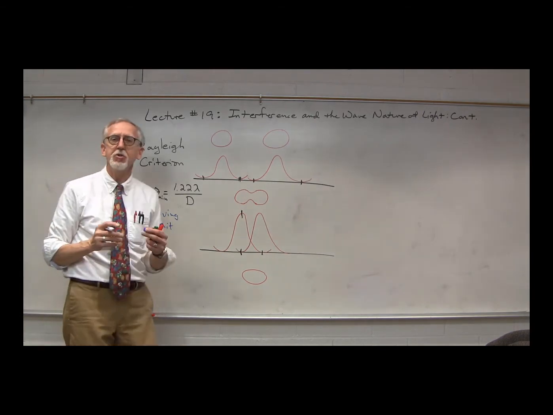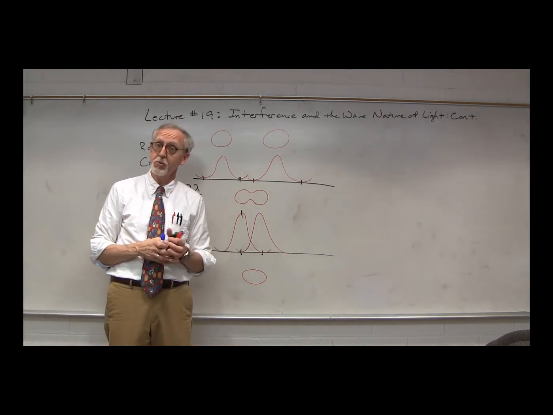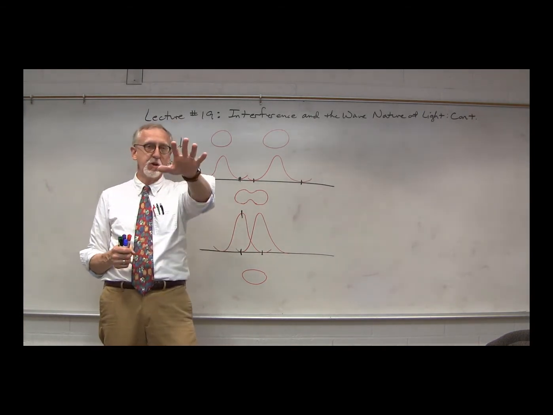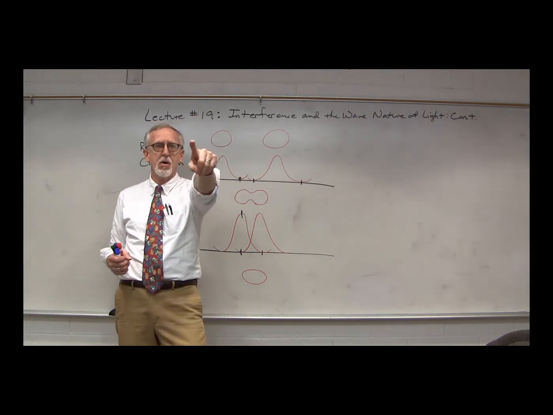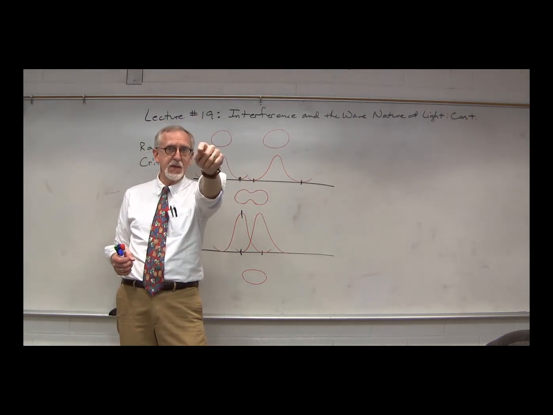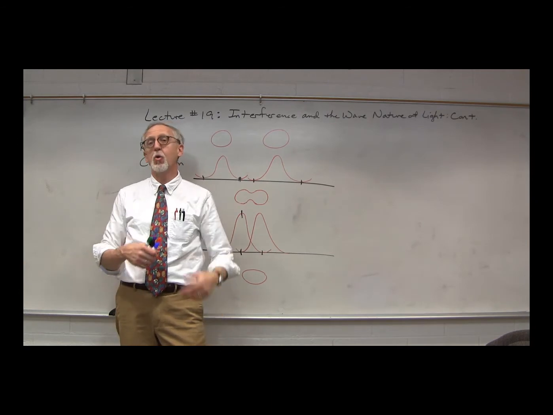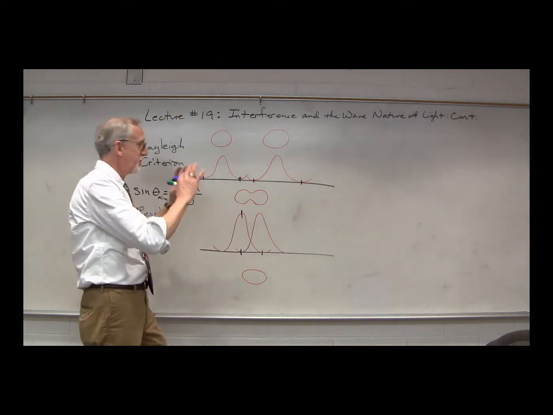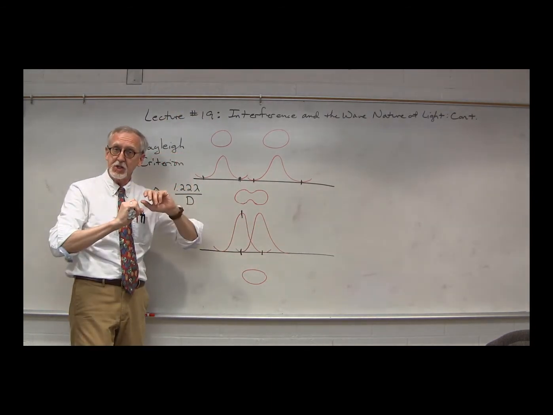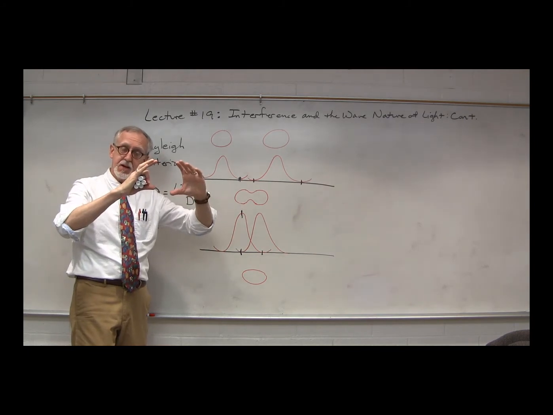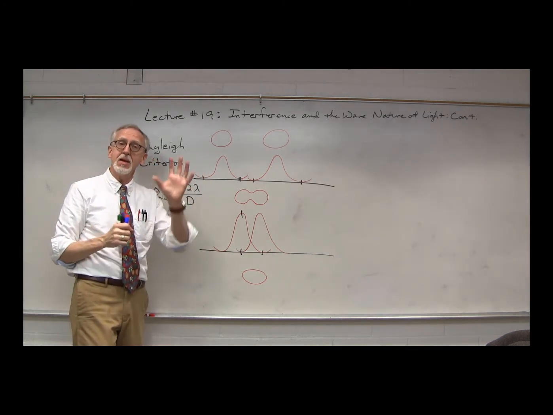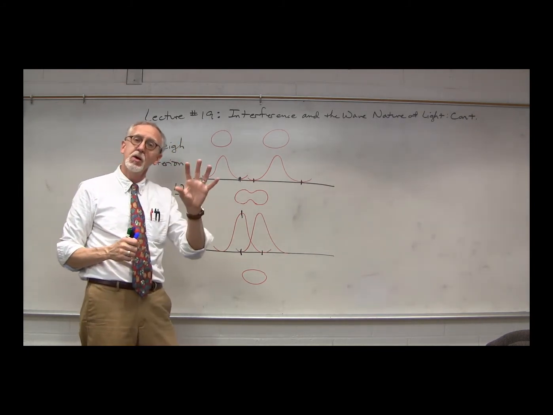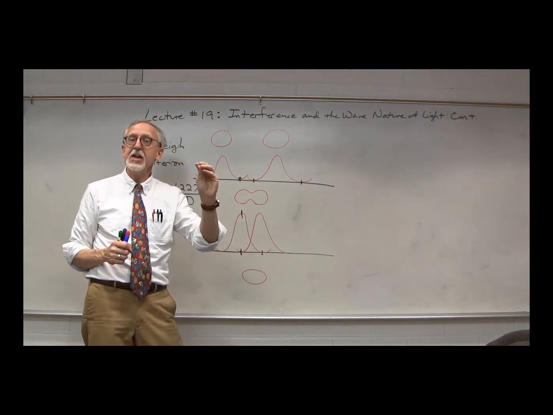How close can two things be and still be able to resolve them? With the naked eye, if you're looking at something, how accurately can you see something and distinguish it as two objects? Or with a telescope, if you're looking at something through an aperture of a telescope, the size of that telescope will limit the resolving power. How clearly can you see something?